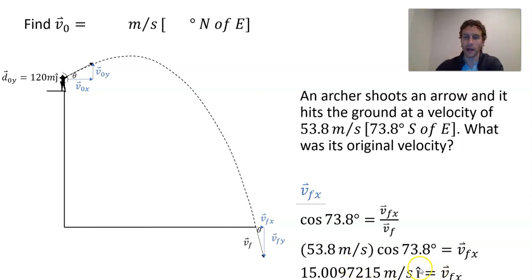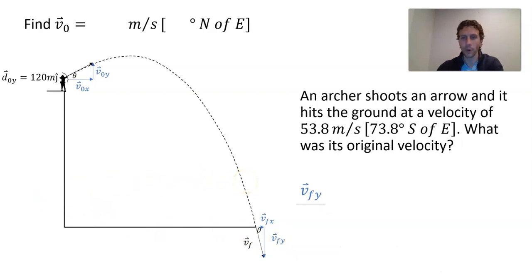And that's i hat because it's horizontal, and I'm going to leave it as positive because it's moving to the right. What about v final y? For that we're going to use sine, because we've got our angle here, and sine of that is opposite over hypotenuse. To get v final y, I can multiply v final up to here.